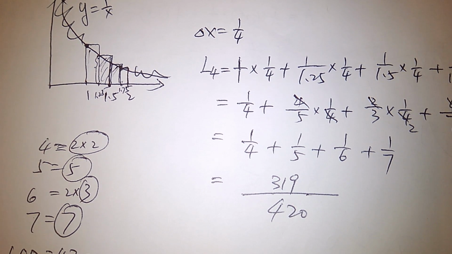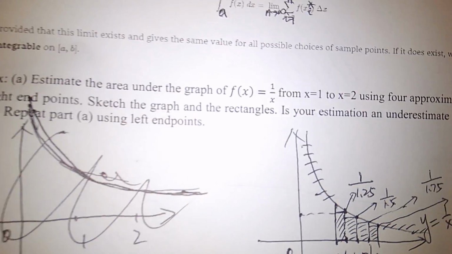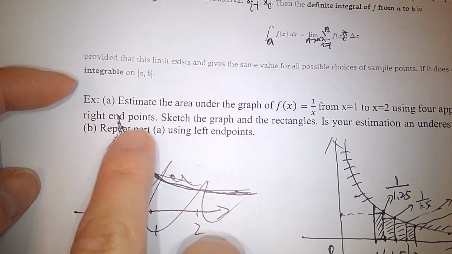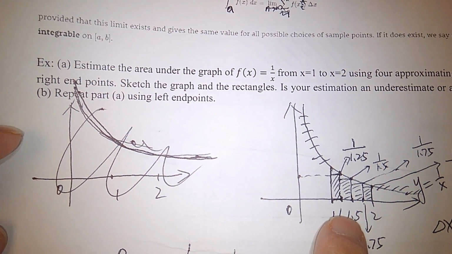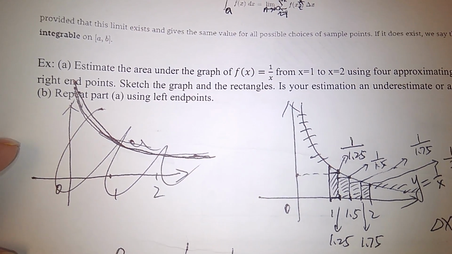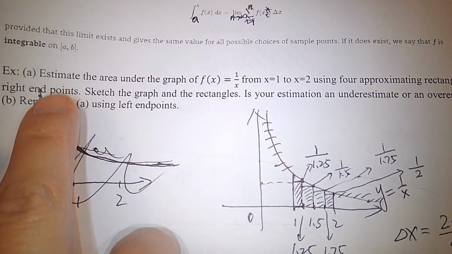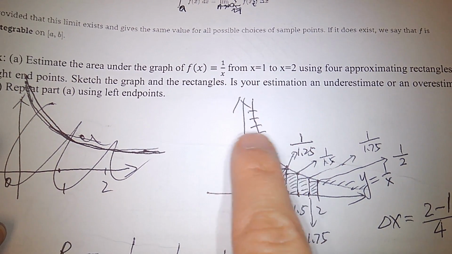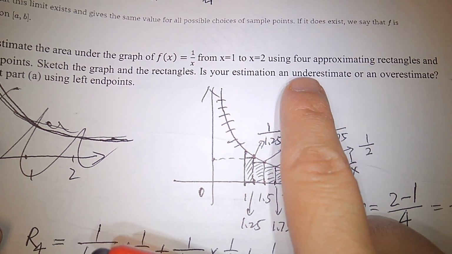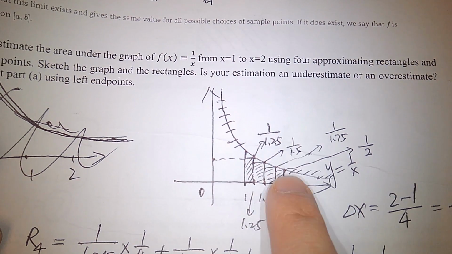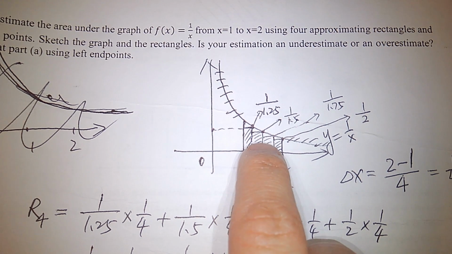Okay, we haven't completely answered the question yet. We just did what? We used the right endpoint and left endpoint to compute the areas for those 4 rectangles to approximate the area for this region S. Now question A: is this estimation using the right endpoint an underestimate or overestimate?